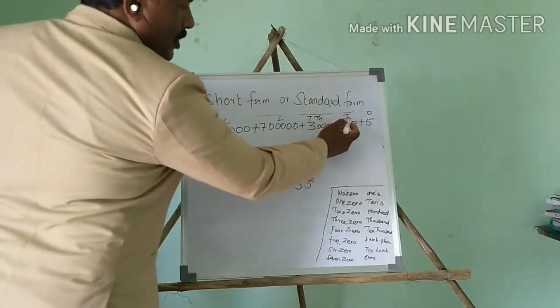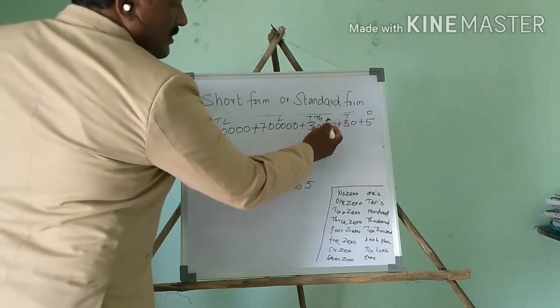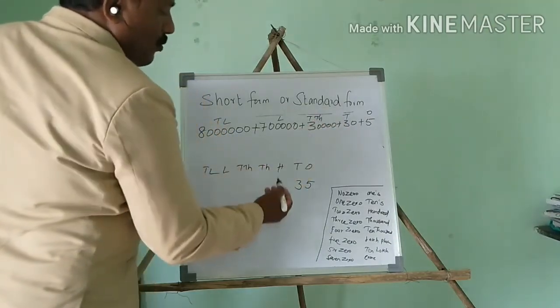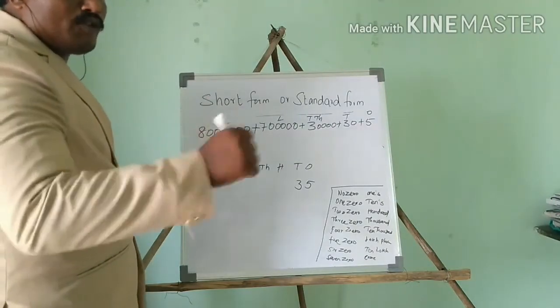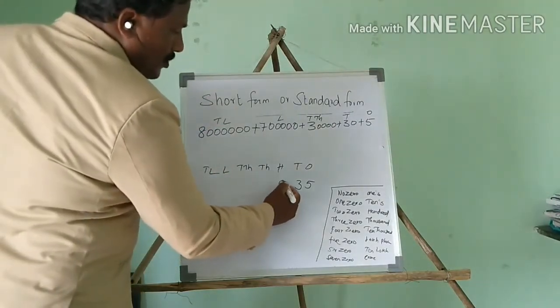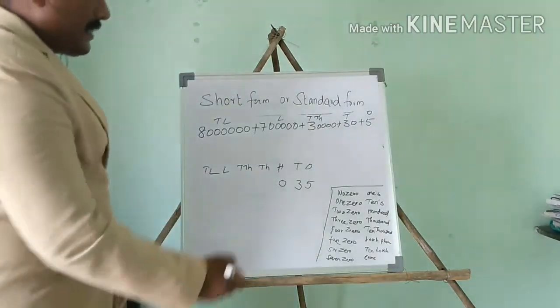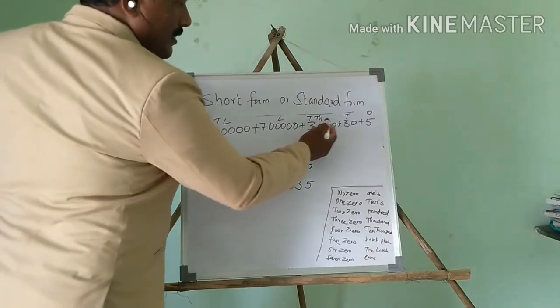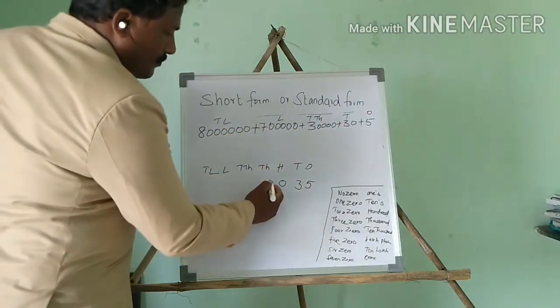When we miss a place value, what did I tell you? You put 0. So I put 0. Then next, 1000 place. Here the 1000 place is also missing. So we put one more 0.